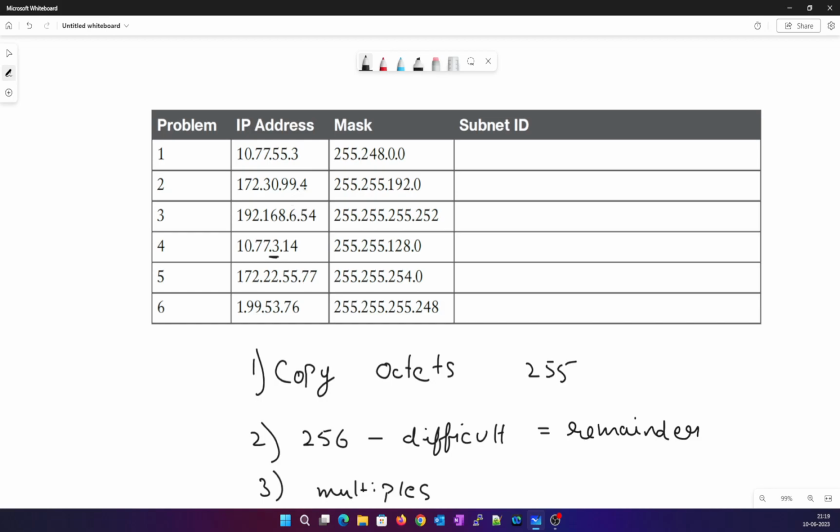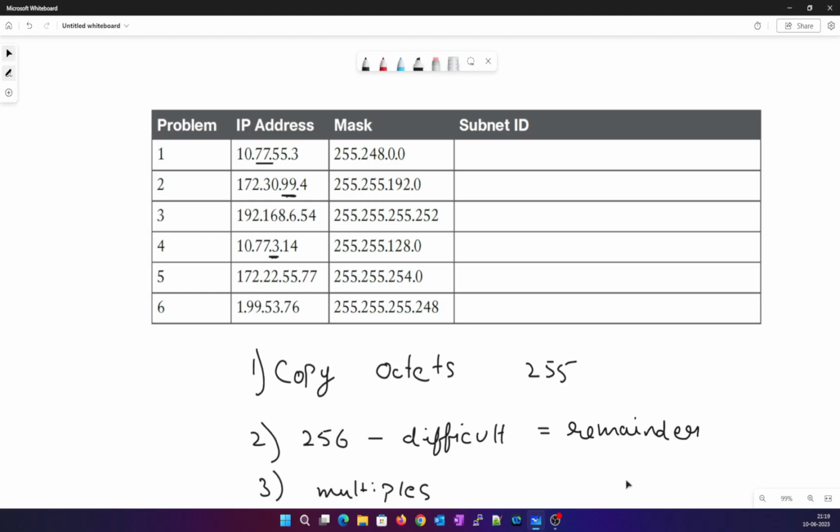Here in these examples we saw 77, 99 and 3. You need to find out between which multiples do these difficult octet numbers fall, right?